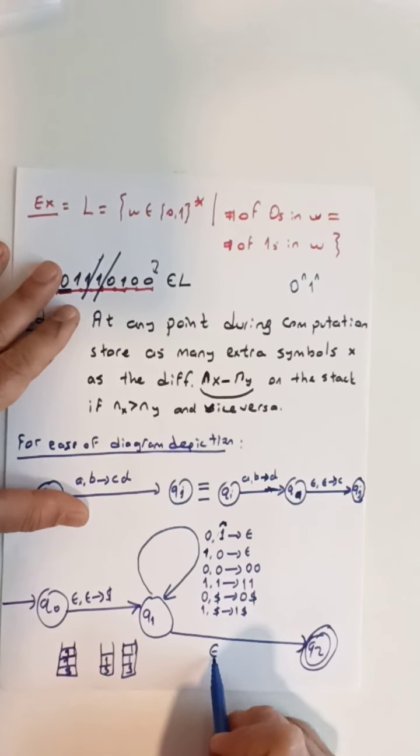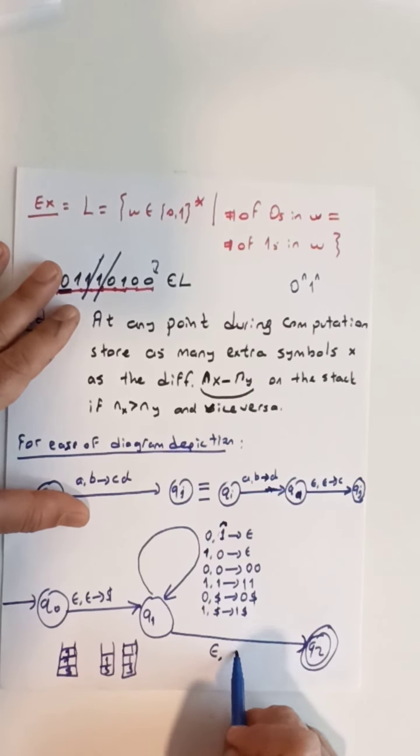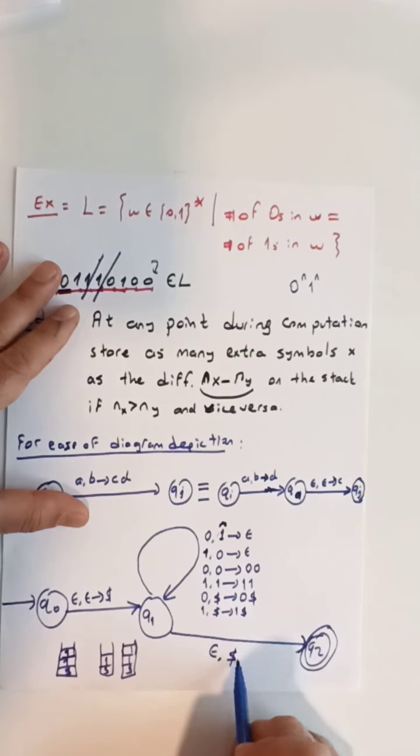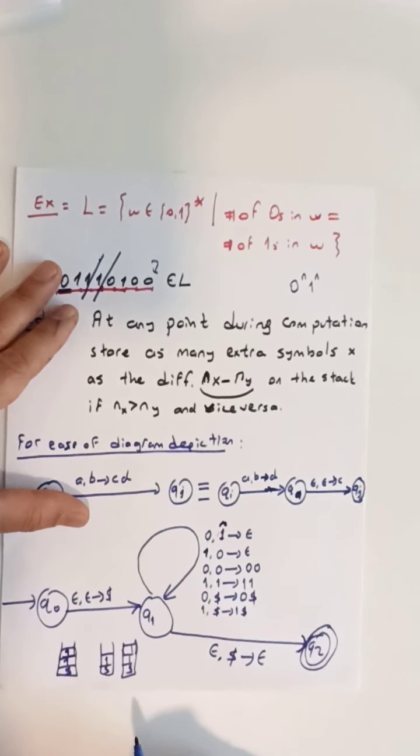So if the input string processing is finished, we read epsilon from the input, and the stack is empty, which can be checked by reading dollar from the stack, and we simply push an epsilon and go to the accepting state Q2.